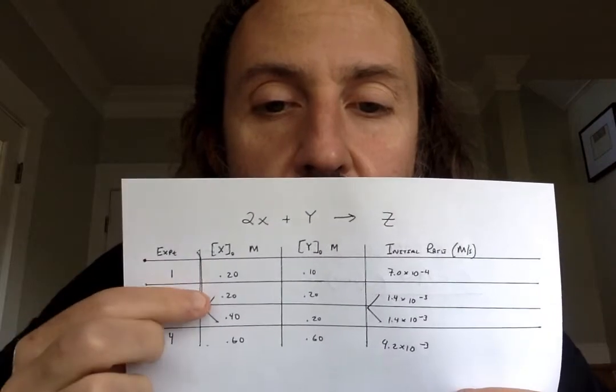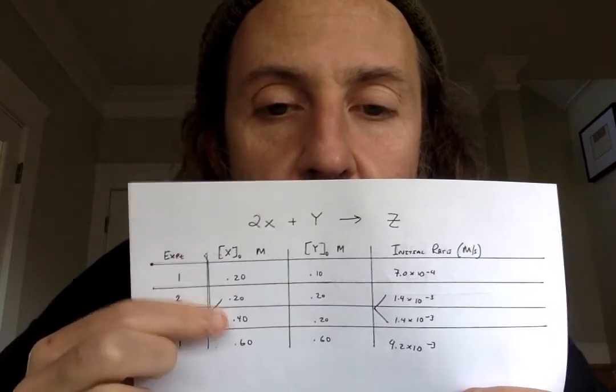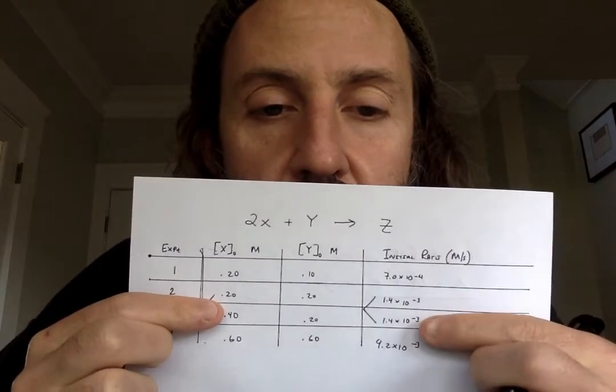So you can see that there, when we double it here, that rate stays the same. So that would be 2 to the x equals 1, x equals 0. So in this case, reactant x doesn't have an effect on the rate of the reaction. Zero order reactant, don't have to put it in the rate law.